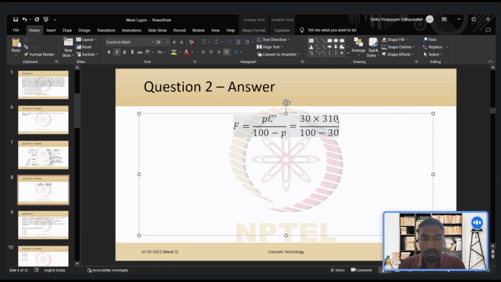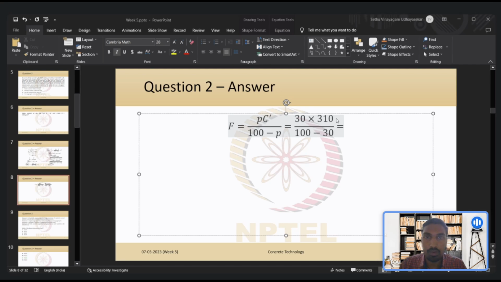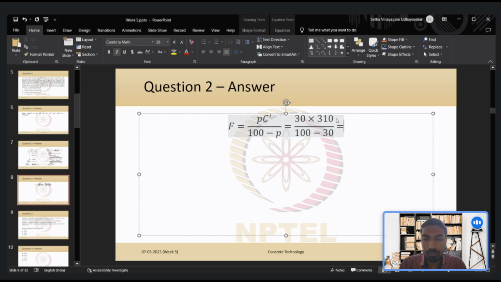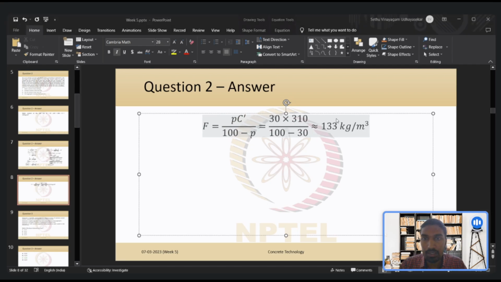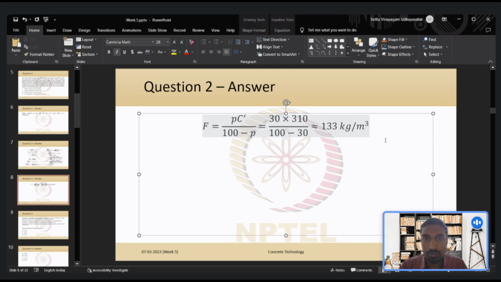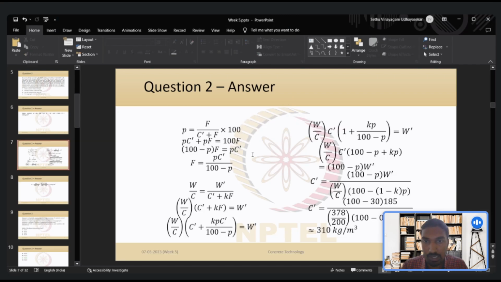If you calculate that, the value will come out as approximately 133 kilograms per meter cube. So this is the fly ash content in the new mix. Any questions? We are just using the equation that we derived earlier.